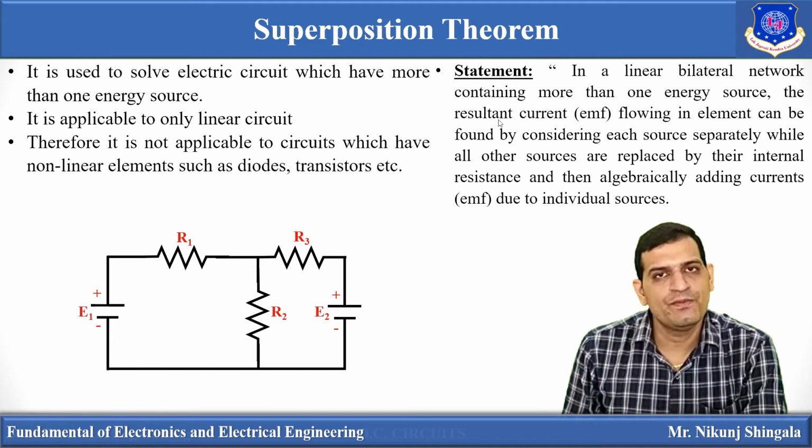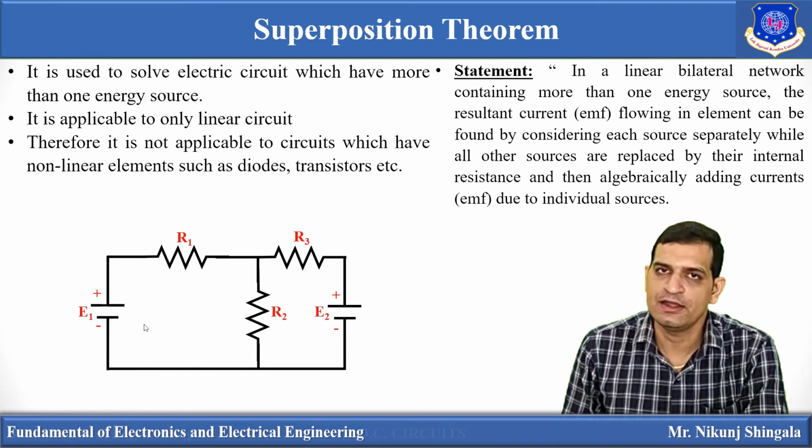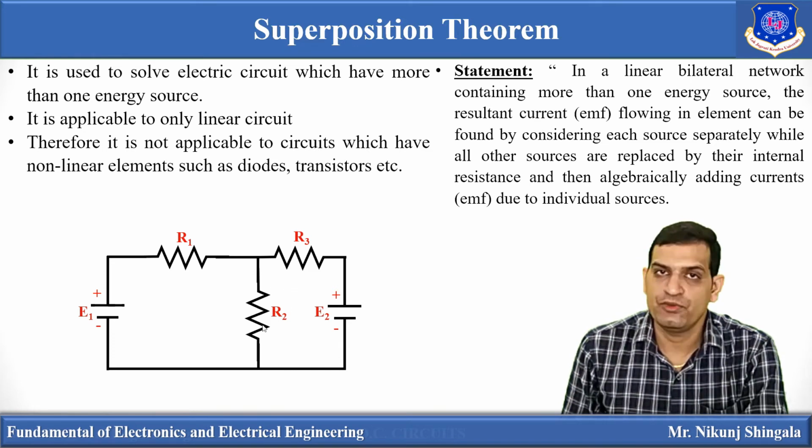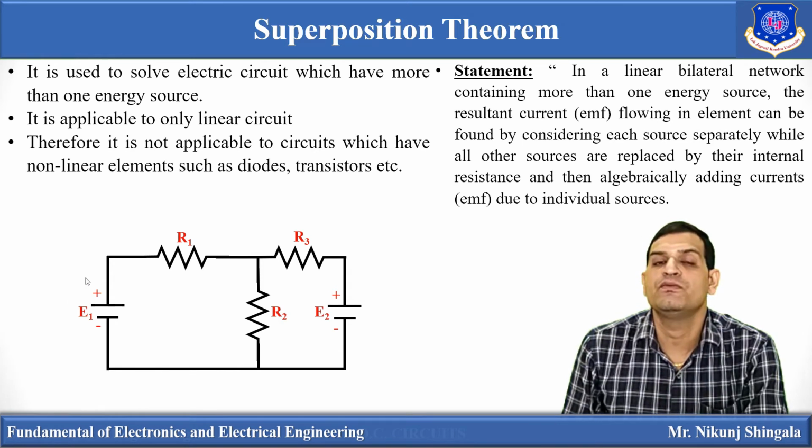Now to understand the superposition theorem, take one network which consists of more than one energy source. Here E1 and E2 are the two sources. Now suppose we have to find the current through R2 using the superposition theorem. So according to the superposition theorem, first we have to consider one source.